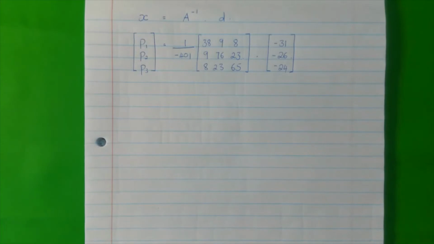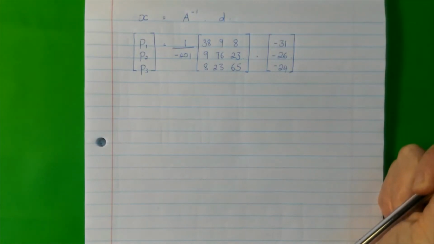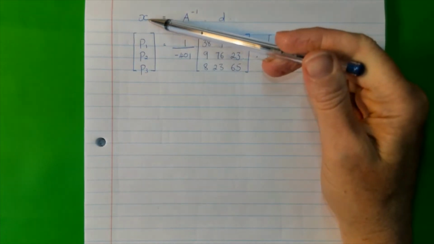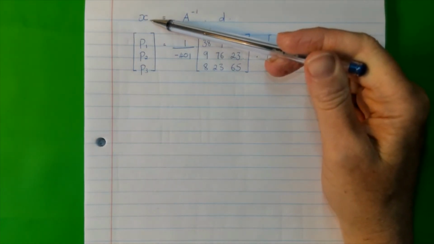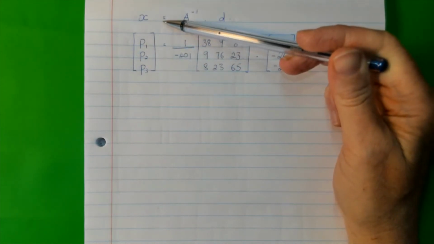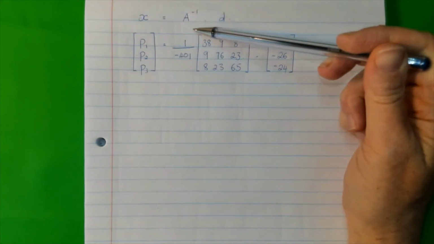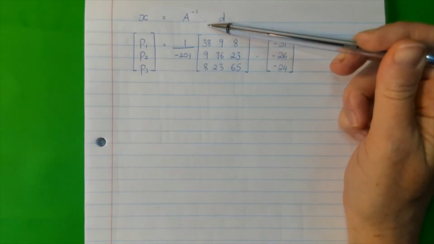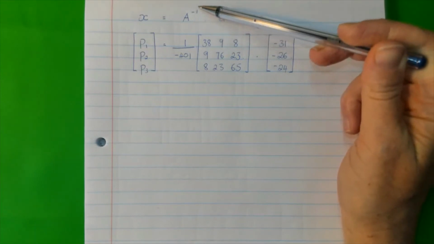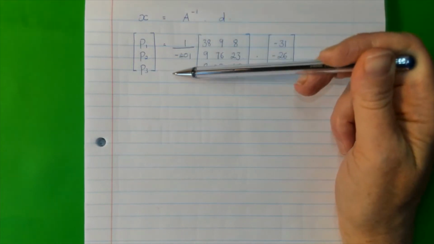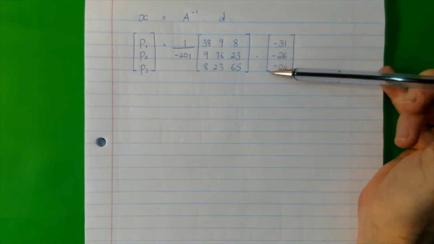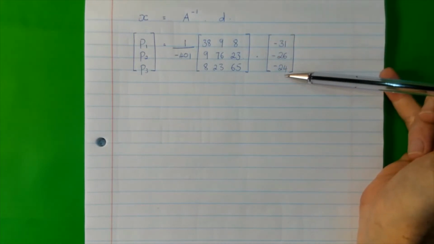If we recall how we're going to solve for this system of equations, we have our column vector of solution values, our variables P1, P2, P3, equal to the inverse of matrix A times by the column vector of constants. Okay, so here we have our inverse, which we've just calculated, and our column vector of constants.